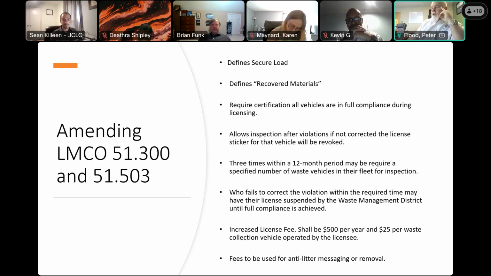Understand that that's a sizable increase. The amount hasn't been changed since the 1990s, but that's really not the intent, to just do it. It was to get income for the enforcement and the anti-litter messaging and removal.